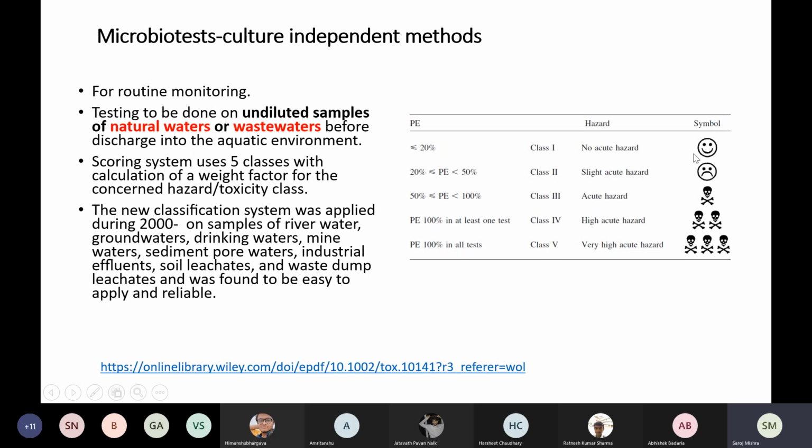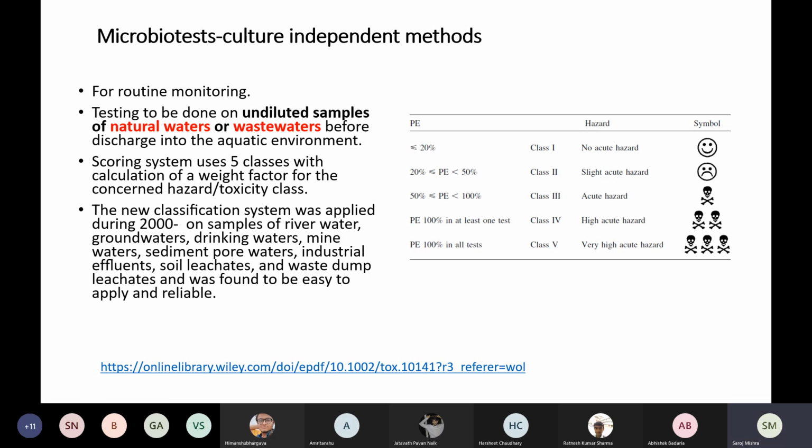These are the symbols which are usually written next to them in order to guide people. So when you say it is a class 1 lake, that means there is no acute hazard. And what does it translate to? That means that in the standard tests which you have performed, there is less than 20% inhibition detected on any one of the standard tests.